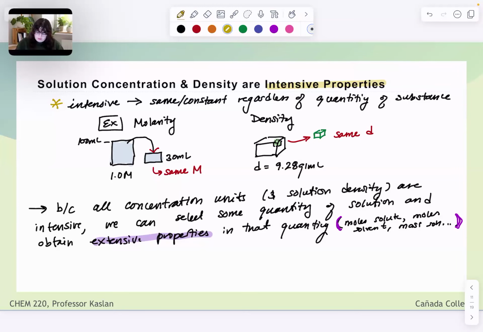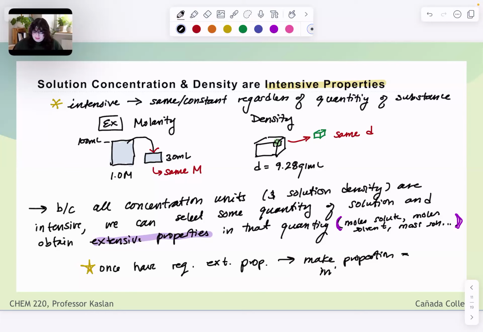And then once we have the required extensive properties, we can then make a proportion of our desired quantities, depending on what kind of concentration unit we're looking for. And that now becomes an intensive property that we can call a concentration unit.